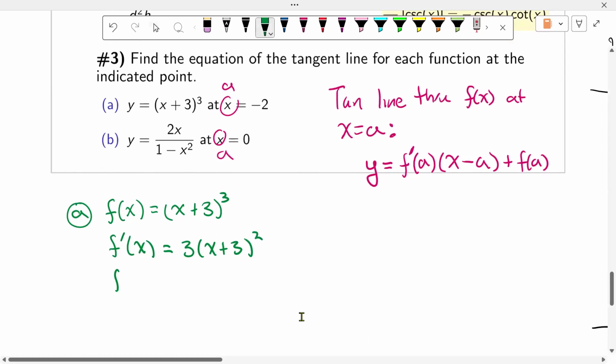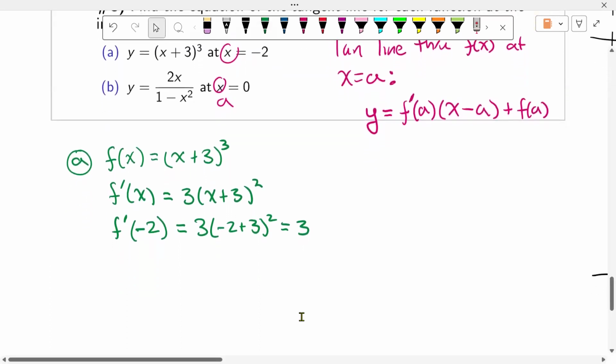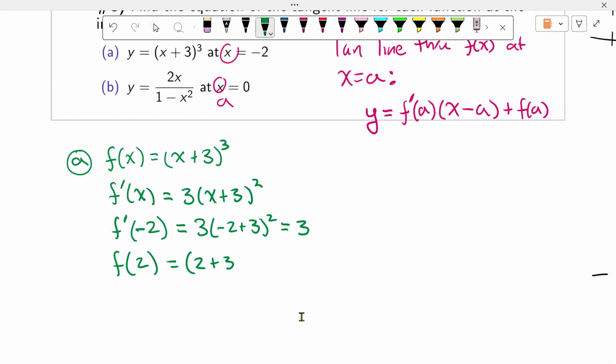All right, next we need to figure out what our f prime of a is. And our a in this problem is essentially -2. So if I plug -2 into here, I get 3. And then last of all, I just need to plug -2 into my original function, and I'll get 1.